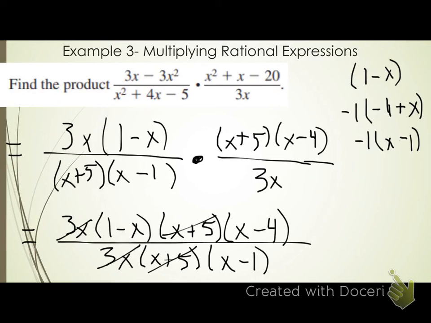Does everyone see that? So I'm going to go fix that up here. I can factor out this negative 1 up here. Negative 1 times 3x. And this is x minus 1. And this is x minus 1. I have this negative 1 that comes along with it.